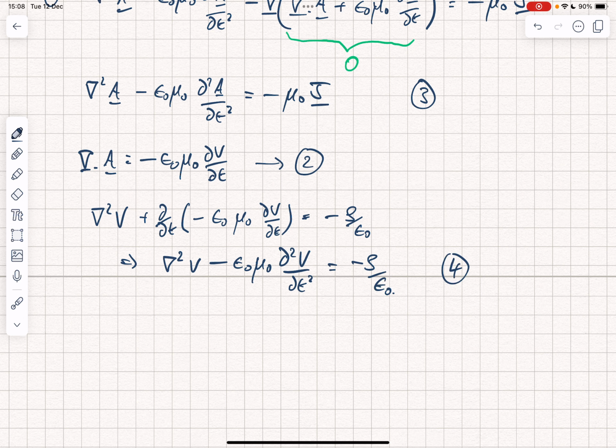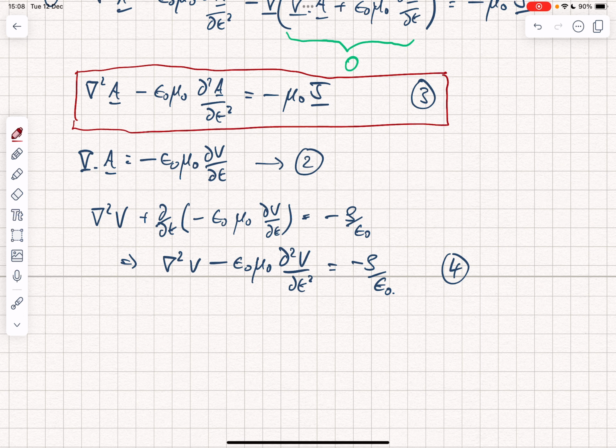And that is equation 4. Let's just highlight equations 3 and 4. There's equation 3. And here is equation 4.